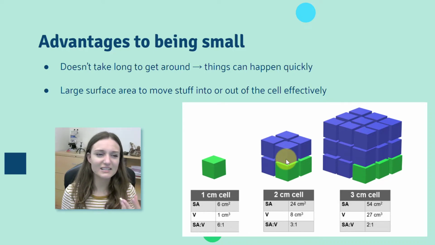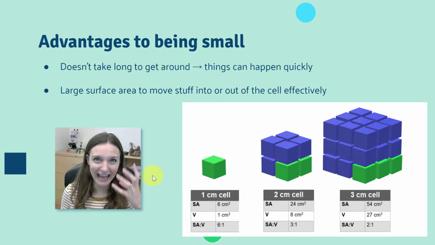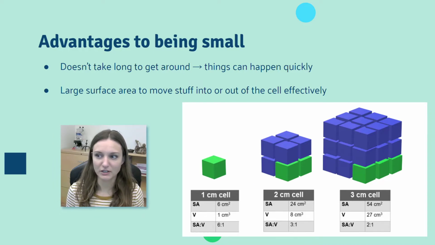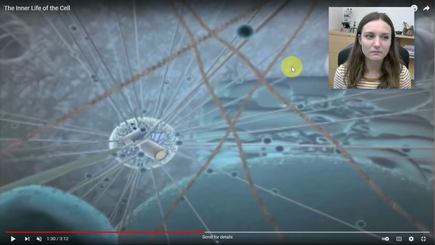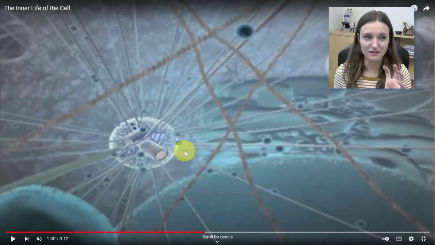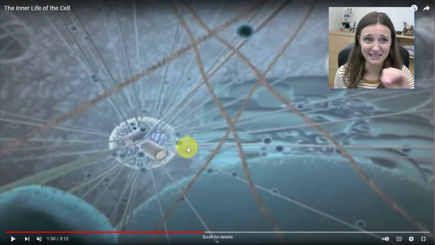Okay, let's just get a sense of how fast these things happen, and what it's actually like inside of a cell. So remember that image, that video we were just watching, and see how it looks relatively empty in here, right? Well, we wouldn't be able to see any of these components if this were realistically drawn with how chock full of molecules and enzymes and proteins a cell is.